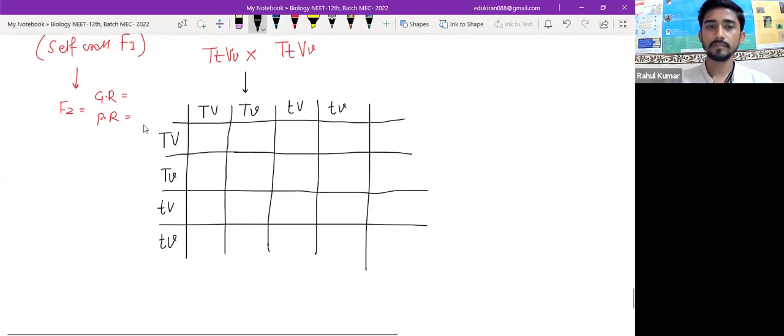So you see that a dihybrid cross does not have four progenies, it has 16 combinations. So let's write down what will be the first progeny. Capital T, capital T, capital V, capital V, correct?